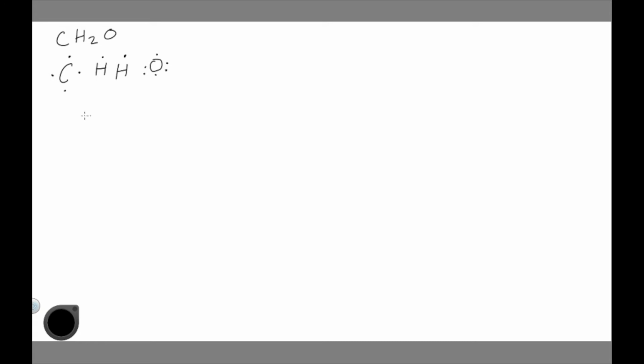So we draw the carbon Lewis structure and the oxygen Lewis structure, but we draw two electrons in between, and then we fill out the rest of the Lewis structures.